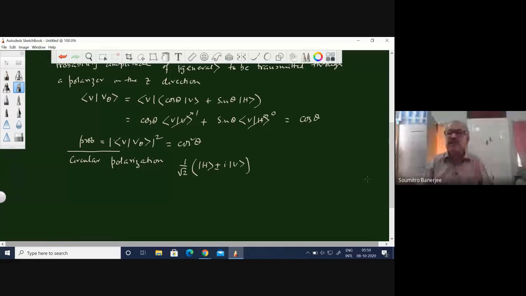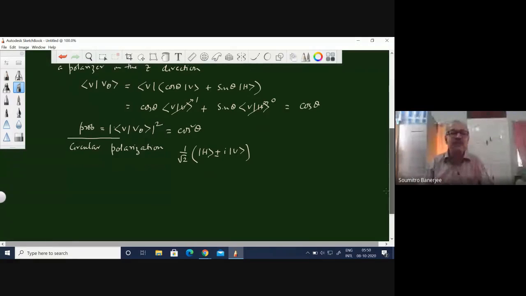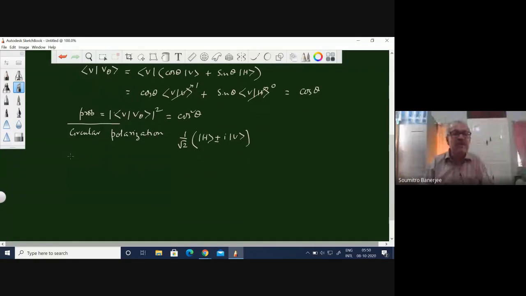So you might ask, what is the right circular and left circular? Let me write the right-handed polarization.